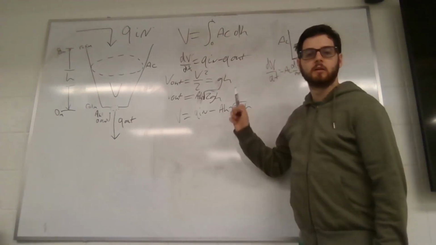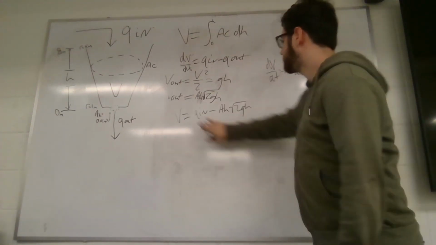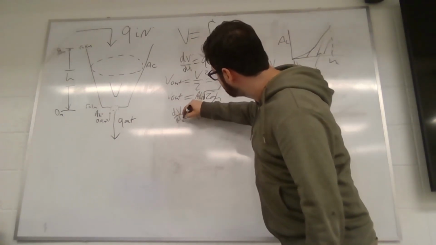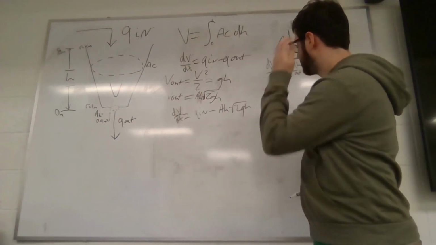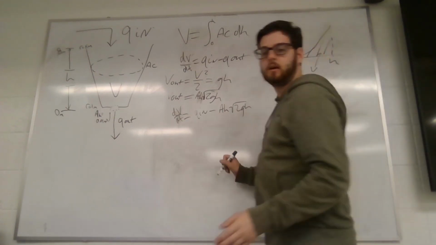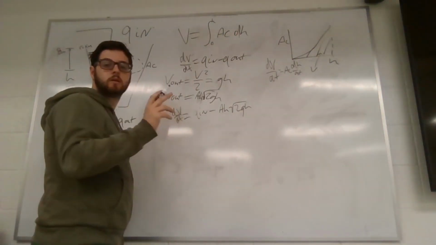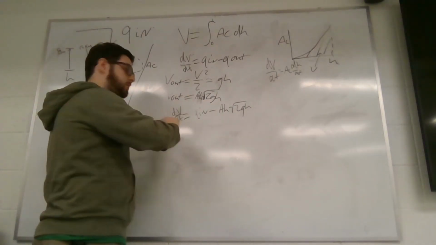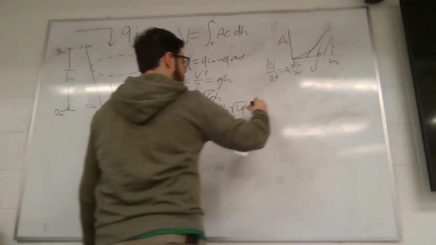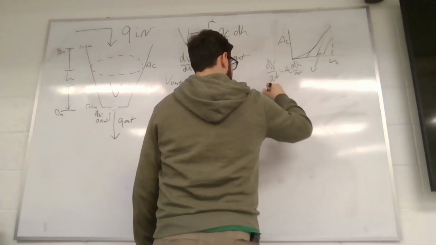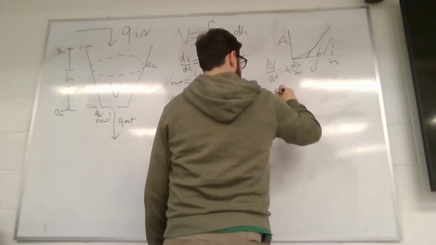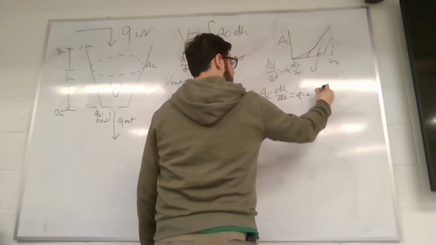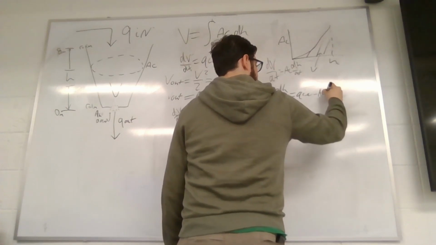I should have put that first, so I was wrong. To turn this equation into dH/dt, we pull out the cross-sectional area: A_c dH/dt is equal to Q in minus A_h square root of 2gH.